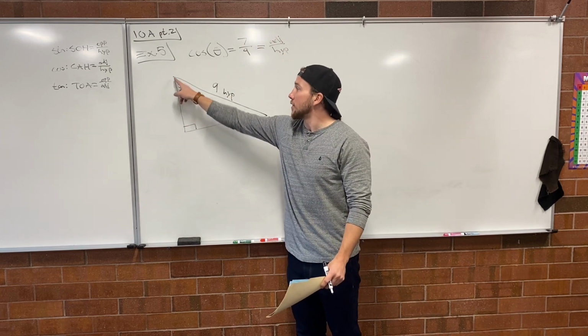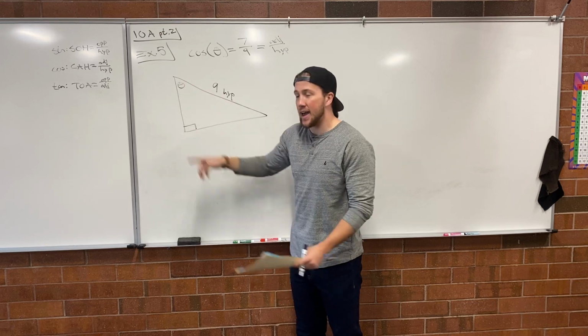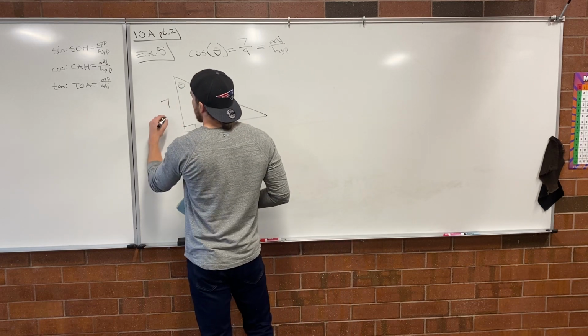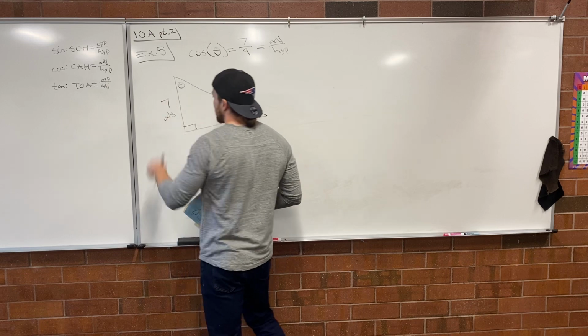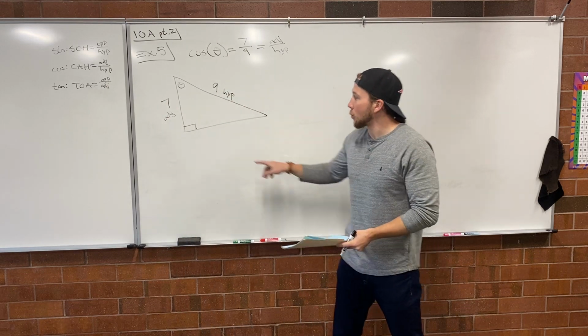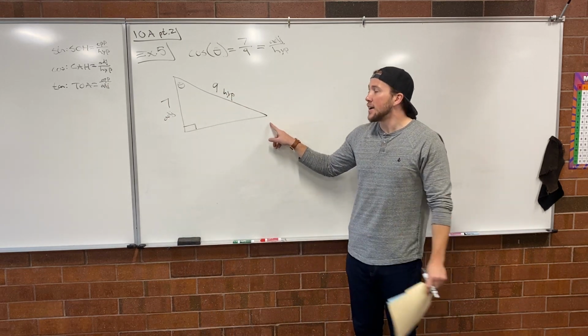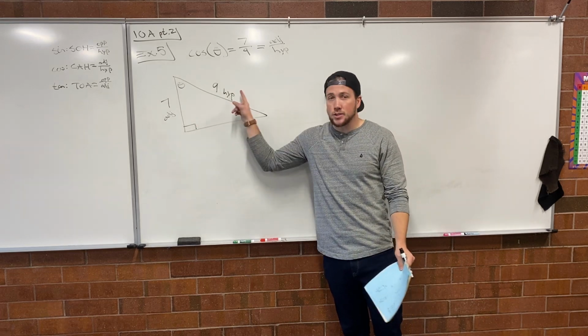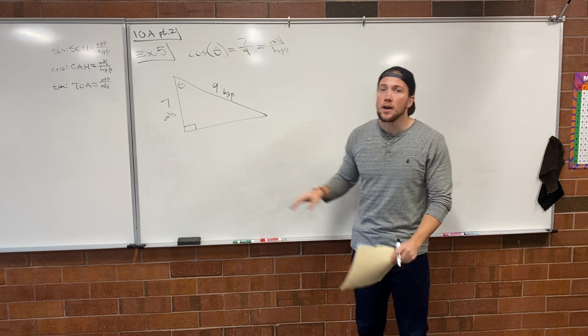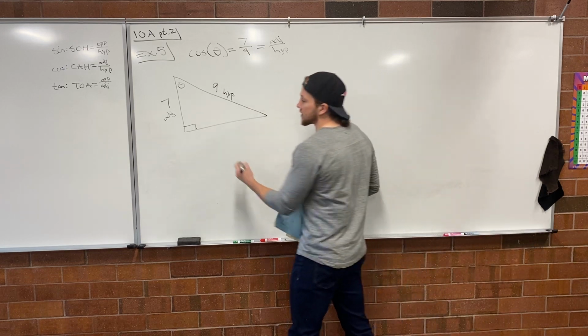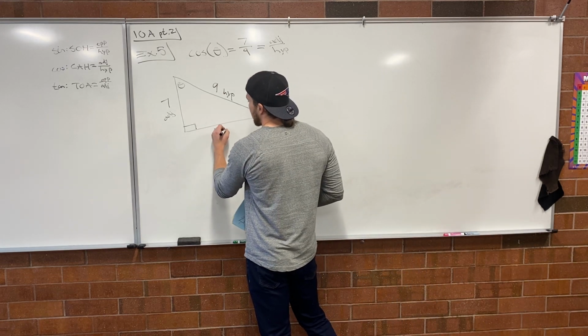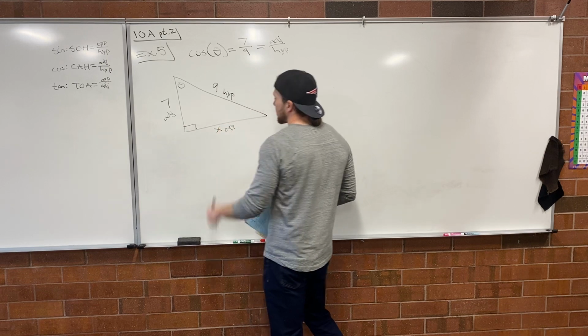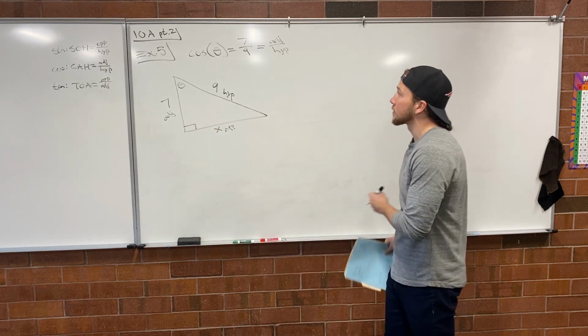It's got to be the line that helps the hypotenuse make that angle, okay? So 7 is going to be here, and it's going to be adjacent, which means that we're left with a missing side length here. And again, if we wanted to go back and use our Pythagorean theorem, we could figure it out because we have 2 numbers, so we can find the third one. But we're not too worried about that. We're just going to leave this as a variable x, and this will be our opposite side length, okay?